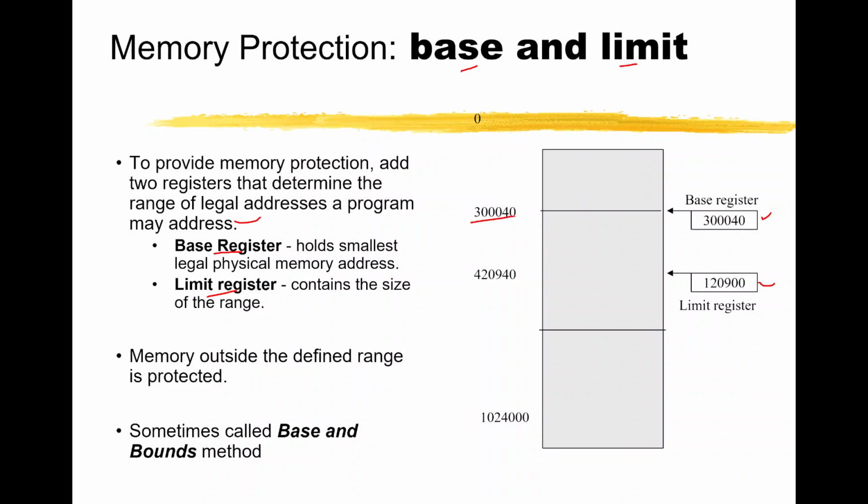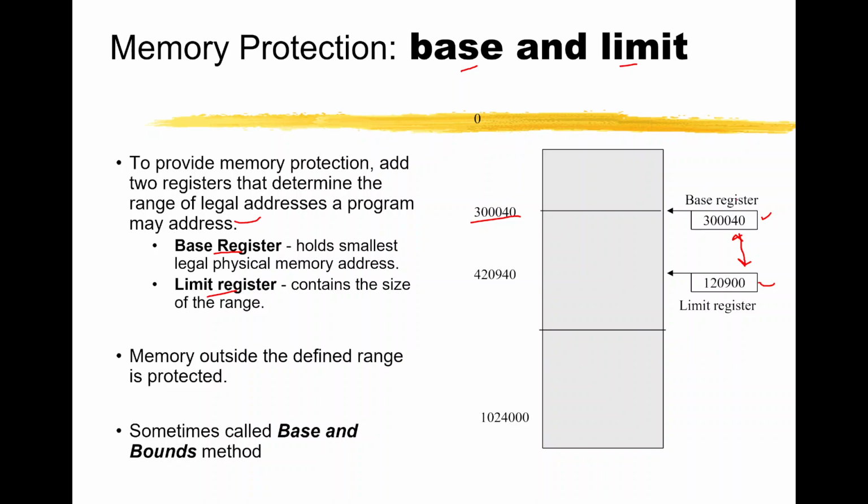So we have an address here called 300040. That's the address. And then the limit contains the size of the range. The base register starts at 300040 and the limit is a range of 120900.